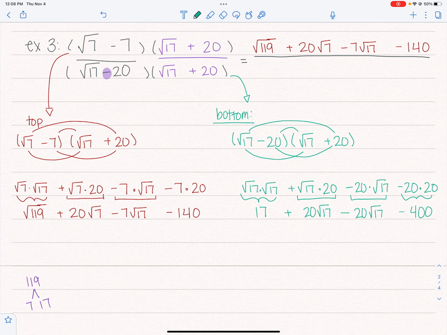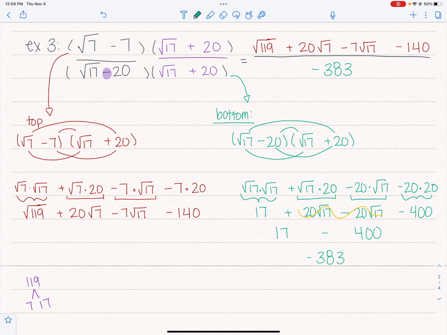So 20 square root 17 and negative 20 square root 17 are going to completely cancel and go away altogether. And so I'll be left with 17 minus 400, which is going to give me negative 383. And so that's going to go in my denominator.